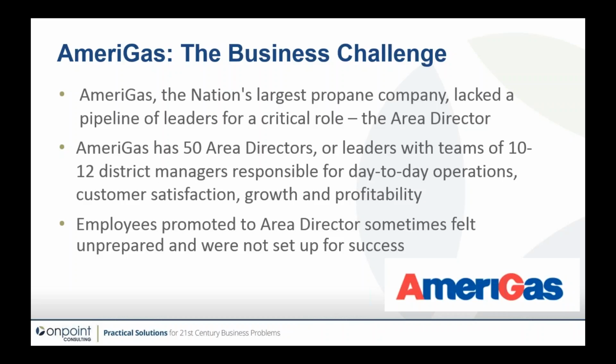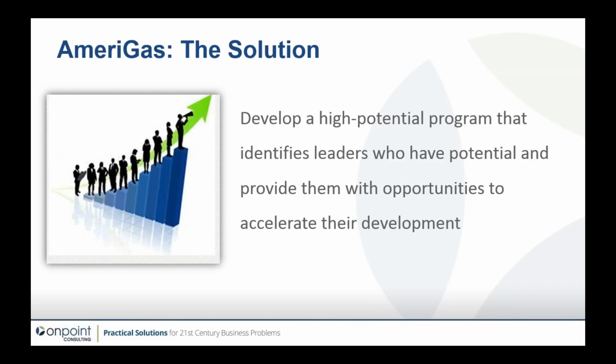AmeriGas found that in that middle level, many people were just really not prepared. They weren't set up for success and not ready to take on that particular role. This central role is really critical to the organization's success, at least that's what the management team felt. In that middle, they were the ones translating strategy down to the field, and they wanted to ensure that they were of high quality, high capability.